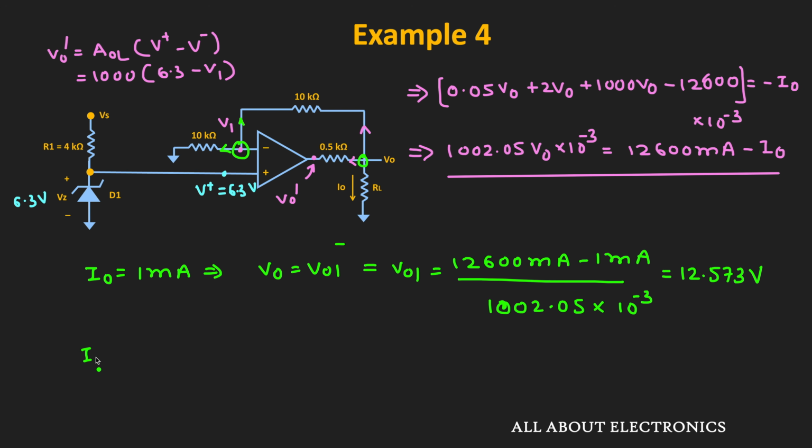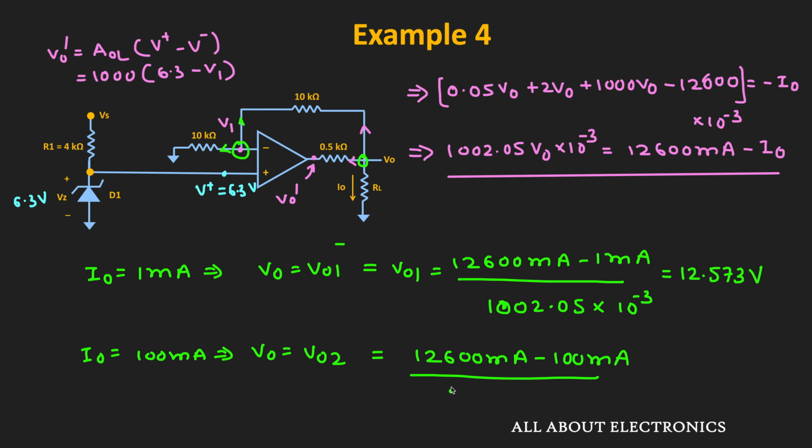Similarly, when the output current or the load current is equal to 100 milliampere, at that time, let's say the output is equal to V02. That will be equal to 12600 milliampere minus 100 milliampere divided by 1002.05, and of course we will also have 10 to the power minus 3, so that will be equal to 12.47 volt.